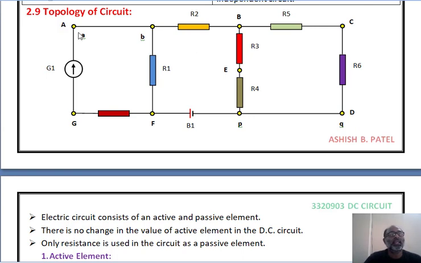But A, B, C, D, F, G, A is not a mesh because other loops are available inside it. So each and every mesh is a loop, but every loop is not a mesh. It is most important.